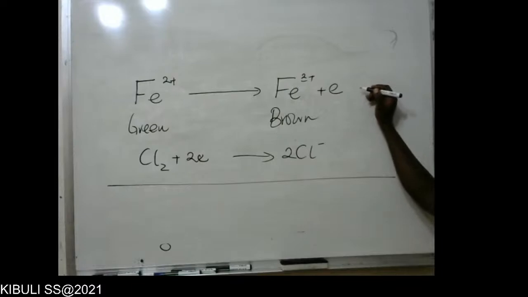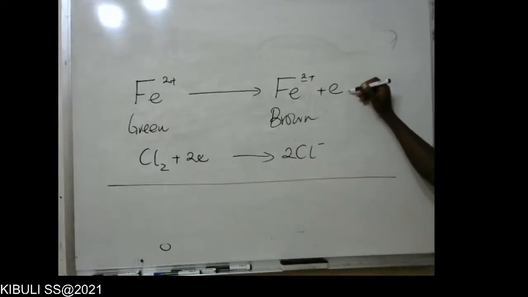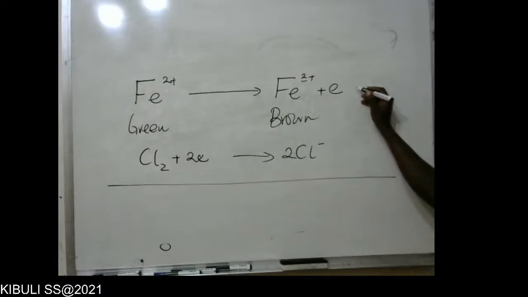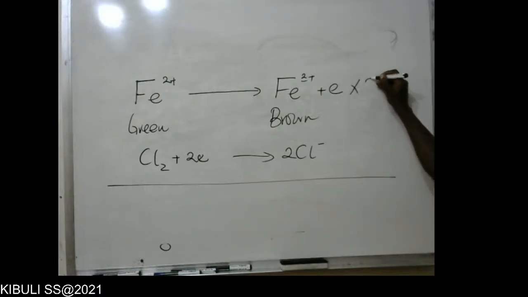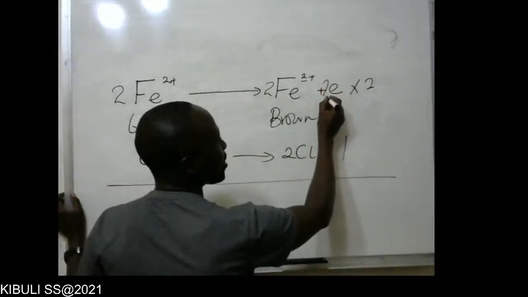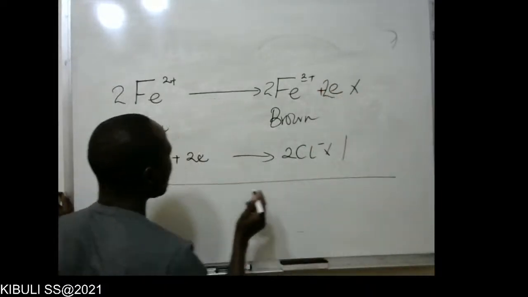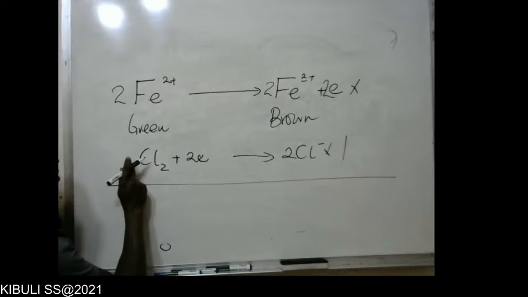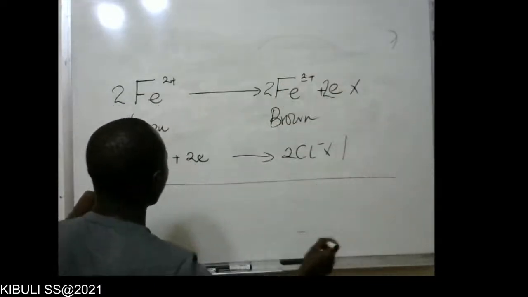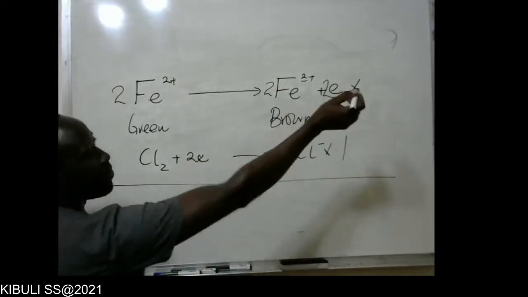So, math now. This is 1, which is a common factor, electron and electron. So what do we do? We make the 2 electrons equal. So what shall we do? We shall multiply equation 1 by 2, and equation 2 by 1 also becomes a 2. Having done that, this one remains 1, 2, 2. So when we add this together, what will happen? These ones will be found on the other side.